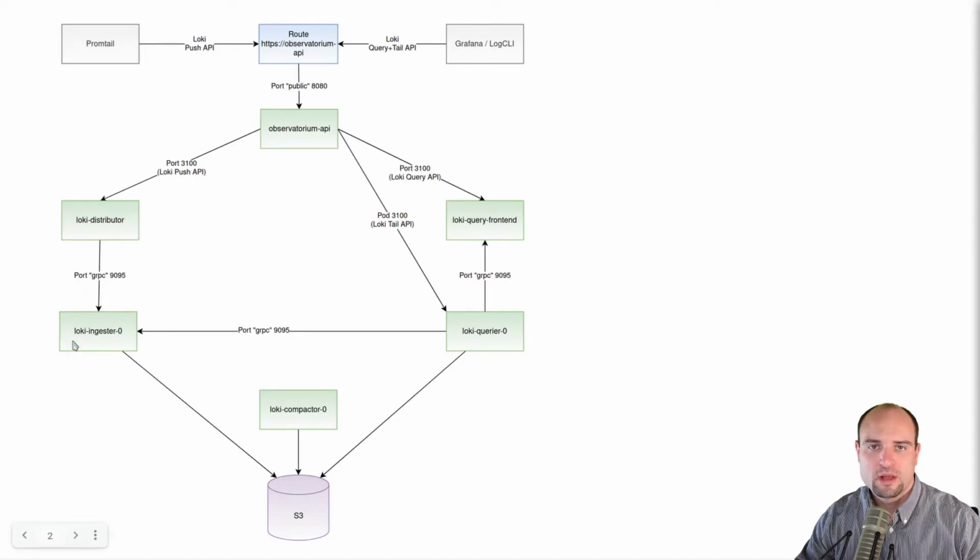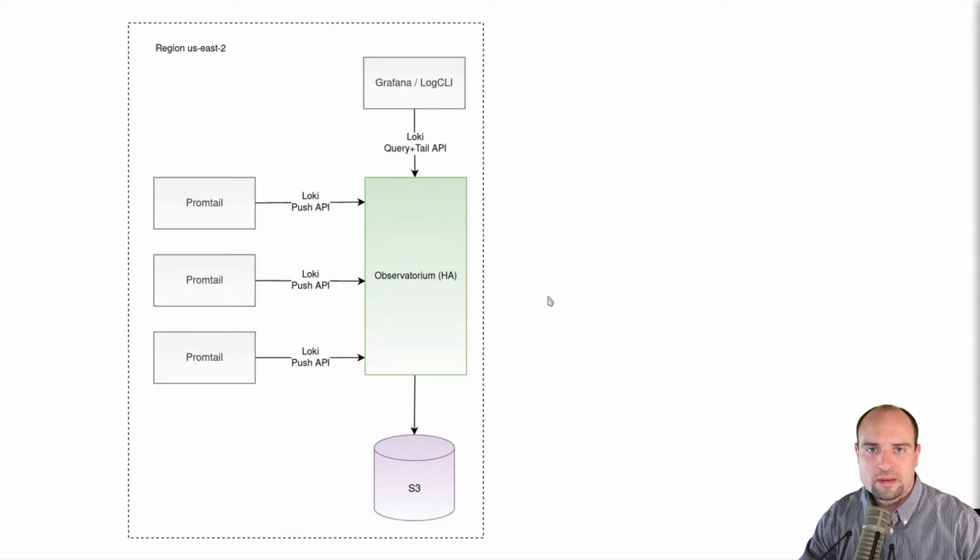Now that we have a good understanding of how Observatorium and Loki deployment looks like, we can discuss the bigger picture of how Observatorium can be used to collect logs from OpenShift clusters. In this diagram, I'm depicting one of the geographical regions we have. You can see that per region, we are deploying one highly available instance of Observatorium.